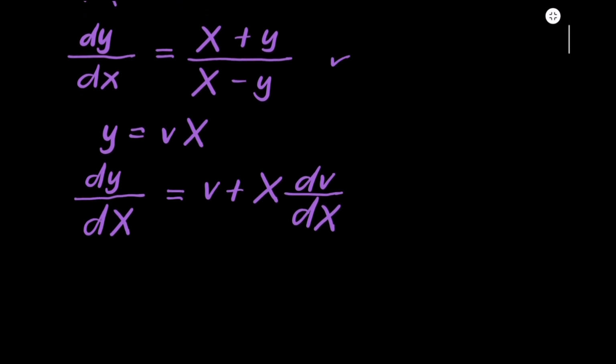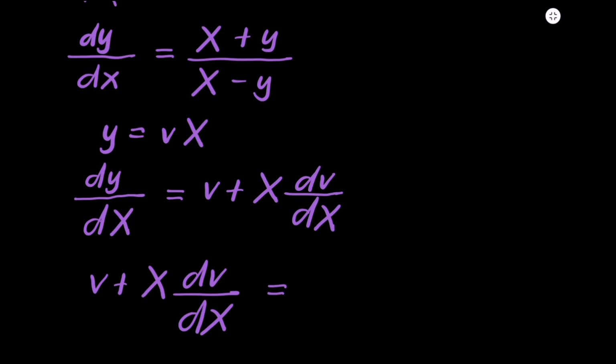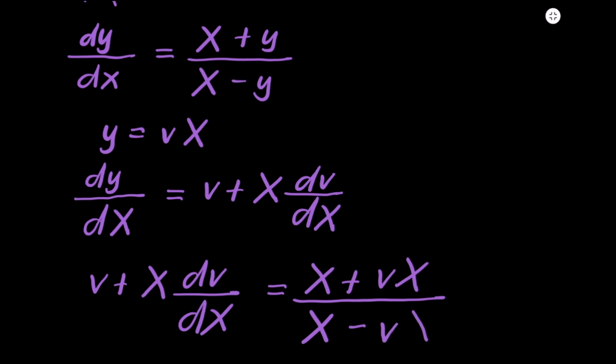Now, substitute this into the differential equation. So we are going to use this. So what is dy/dX? So dy/dX is this, right? So we have v + X dv/dX equals (X + y) over (X - y). So what is y? y is v times X. So we have (X + vX) all over (X - vX).